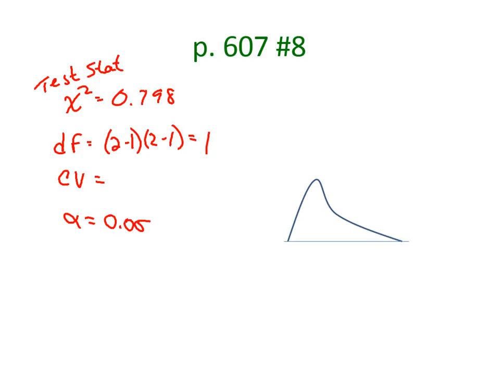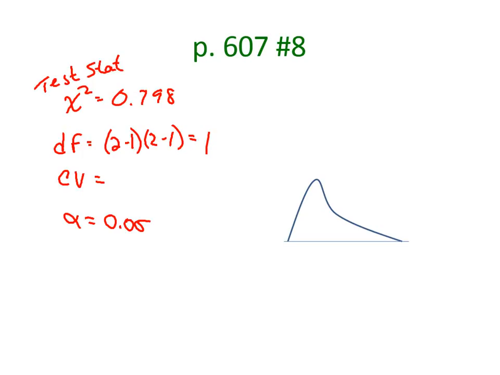Yes, the 0.05 significance level is part of the problem. If it's a right-tailed test, is all 0.05 in the right tail? Yes, I don't have to cut it in half. So what is my critical value? Okay, 1 degree of freedom, 0.05 in the right tail is going to be that 3.841.